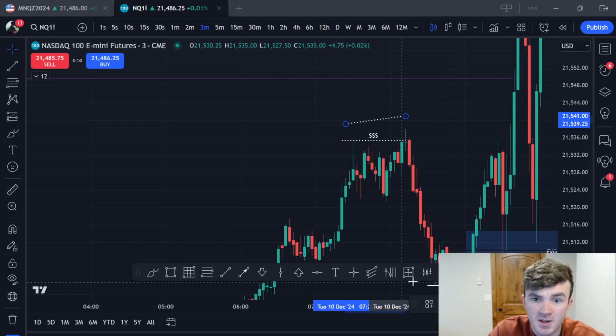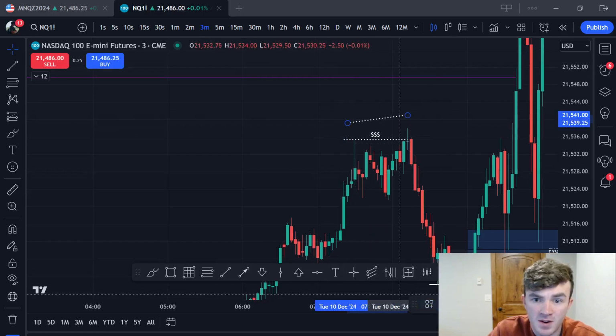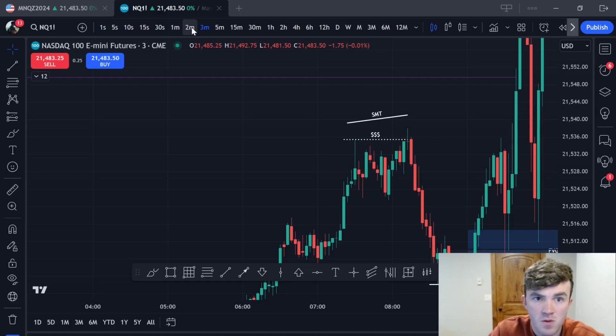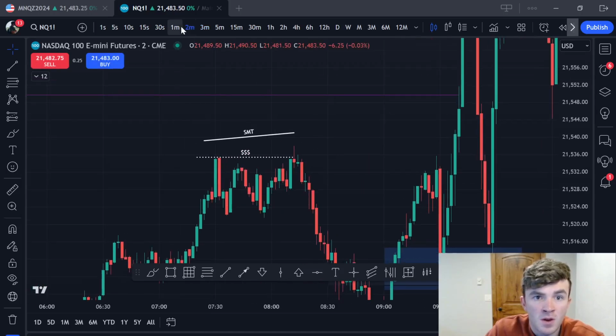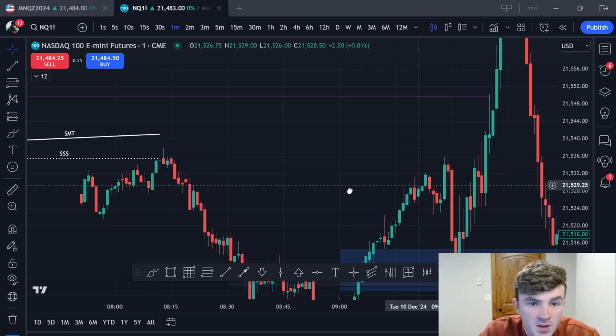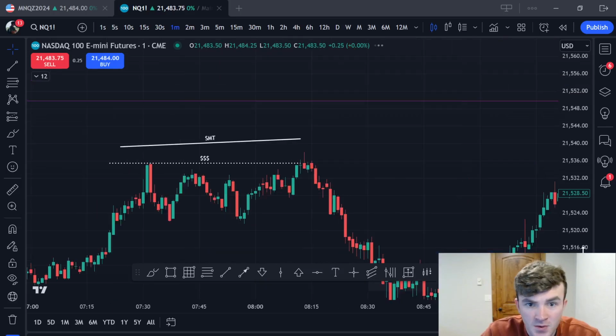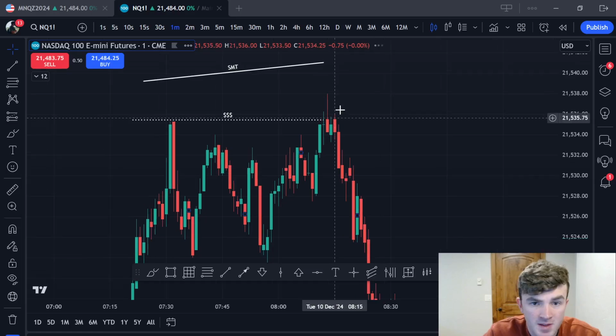We'll talk about this. So here, you can use the two candles as one technique, and you get SMT and a sweep of this high.